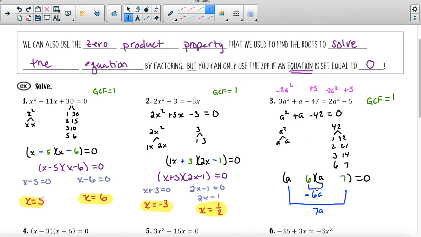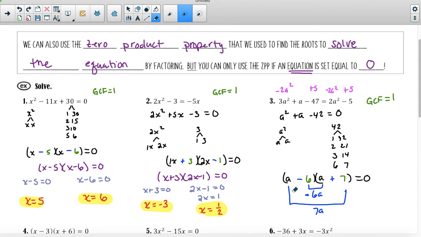So now I'm going to check my signs. I have a positive and a negative that have to give me a negative 6. So I'll make my 6 negative. And I need a positive, so I need a positive and a positive. So I know that 7 minus 6 gives me 1, and negative times a positive gives me the negative. So these are the correct factors.